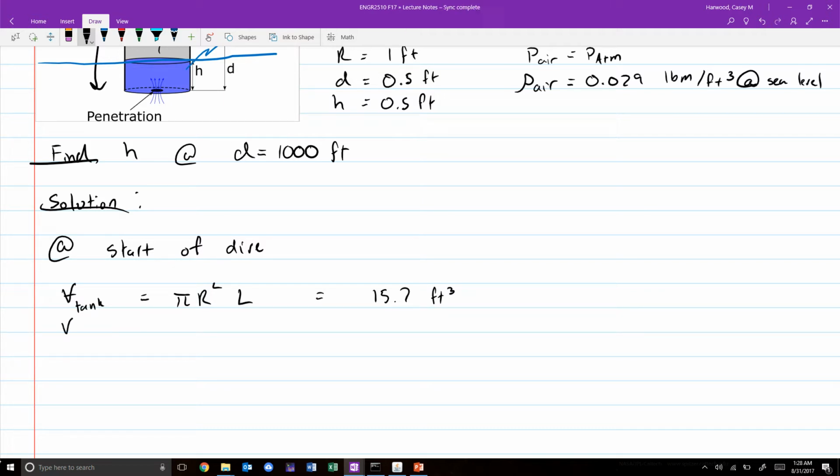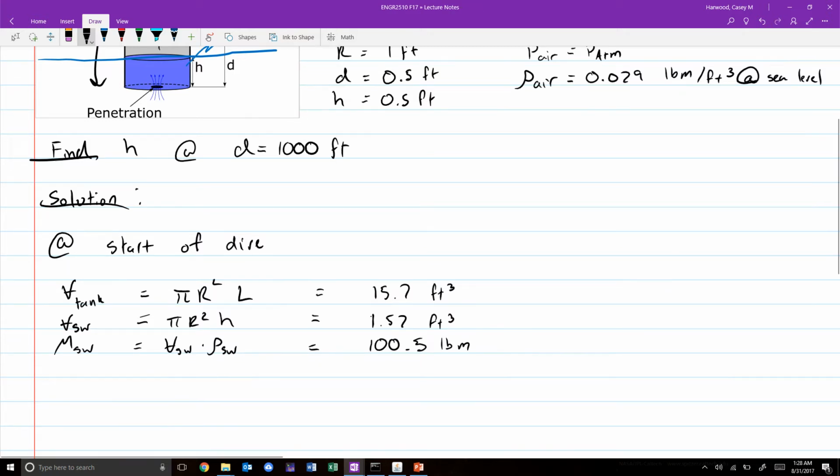We have the volume of seawater contained at the beginning of the dive, when H is equal to half a foot, is pi r squared H, 1.57 feet cubed. And from the known density of seawater, we can get seawater times density of seawater, the total mass of seawater contained at the very beginning of the dive, which is 100.5 pounds mass.